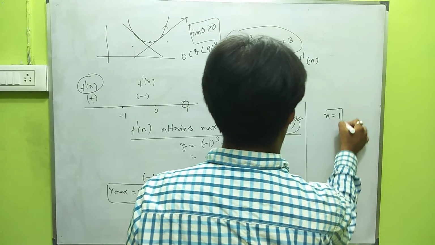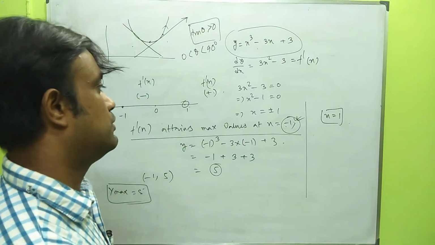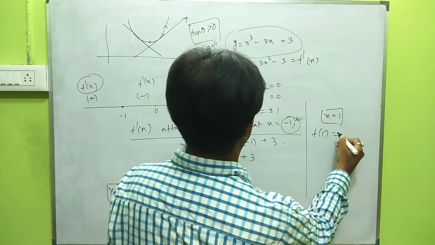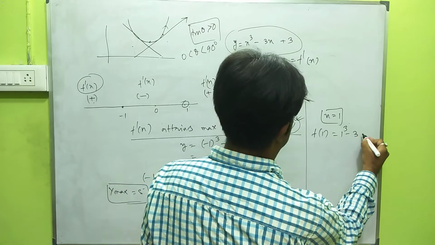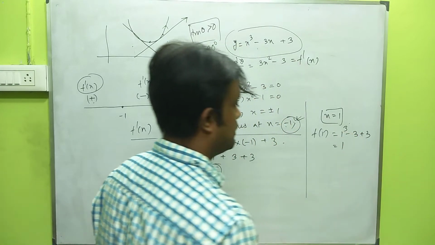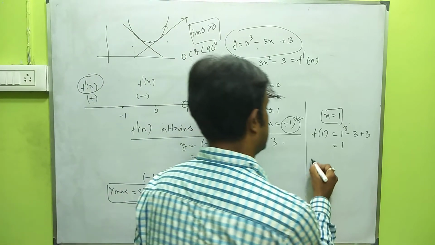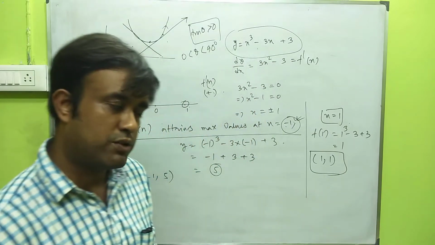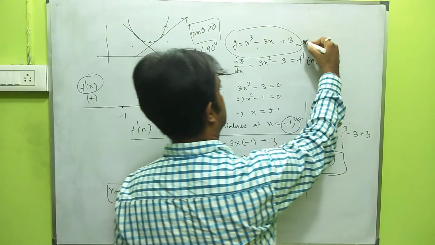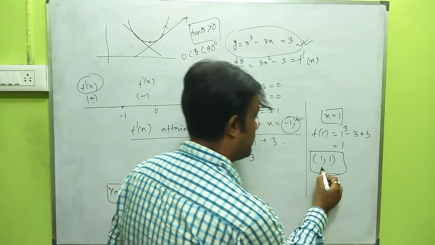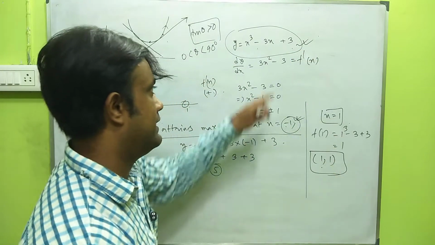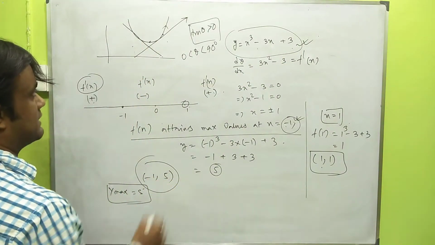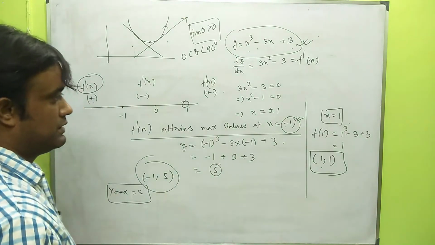So the minimum value will be f(1), 1 cube minus 3 plus 3, that is 1. So the point will be (1, 1). So at the point (1, 1) the curve attains its minimum value, and at the point (-1, 5) the curve attains its maximum value. This is the answer.